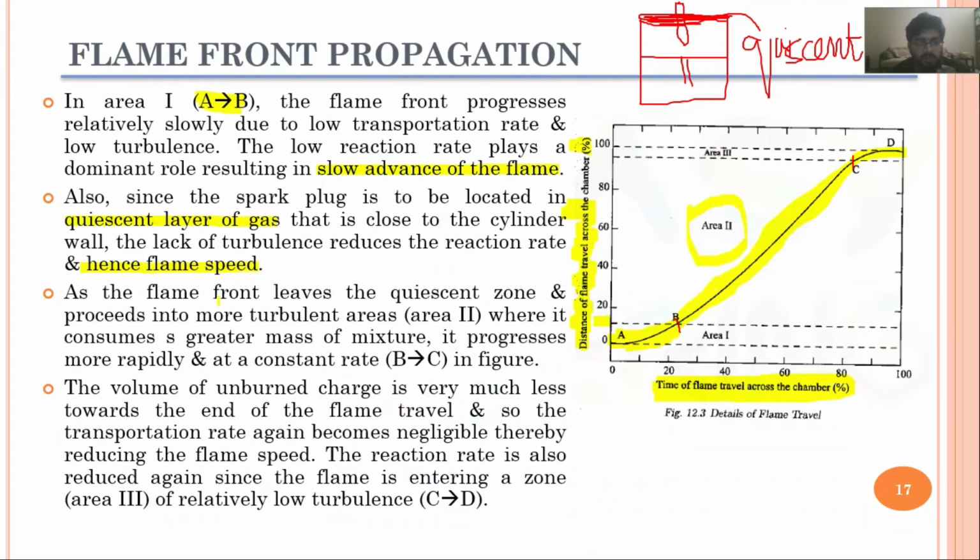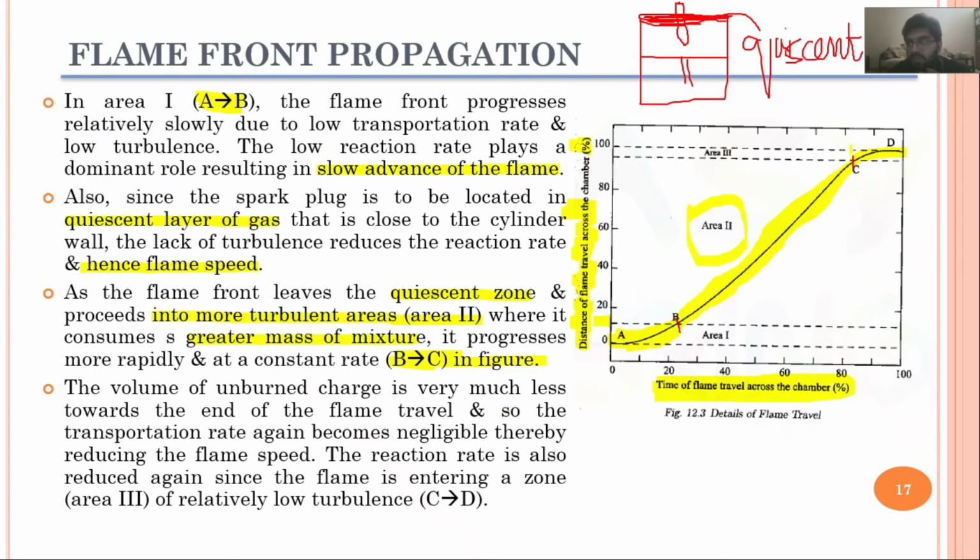So as the flame front leaves this quiescent zone and proceeds into more turbulent areas, that is the area 2, it consumes a greater mass of the mixture, and it progresses more rapidly throughout the combustion chamber at a constant rate, which is from B to C as shown in the figure. The volume of the unburned charge is very much less towards the end of the combustion.